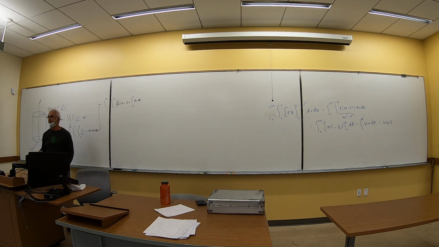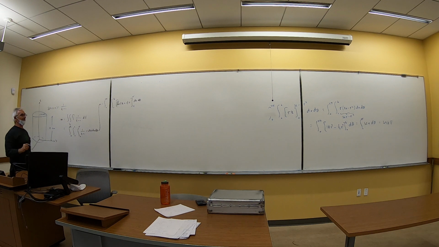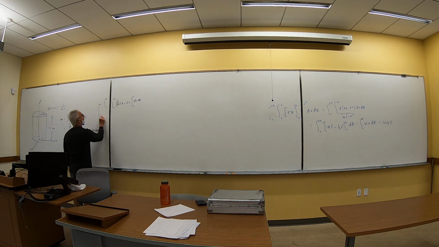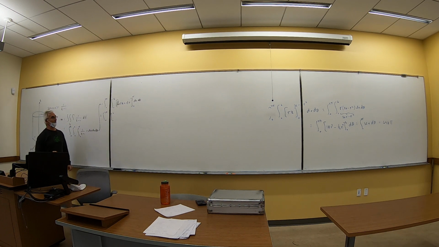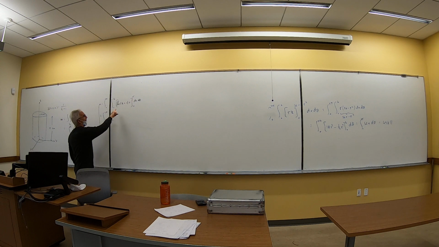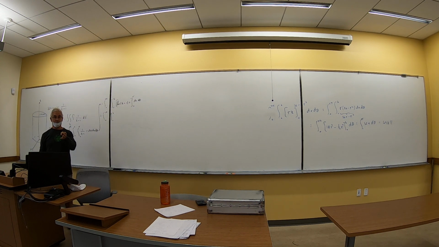You with me on that? I'm only evaluating the z. R is going along for the ride at this point. When I evaluate it at 15, I get what? ln of 16. I get log of 16. When I evaluate it at 0, what do I get? 0. Log of 1, which is 0. Everybody got that? Okay, so what's left?